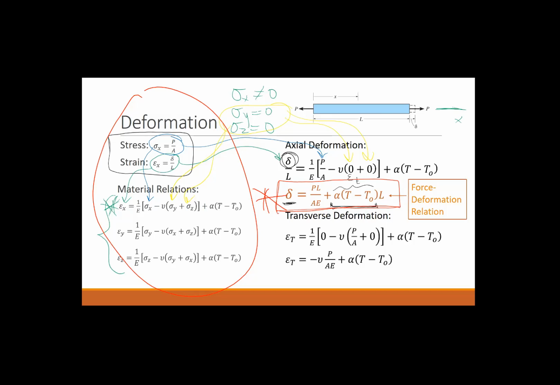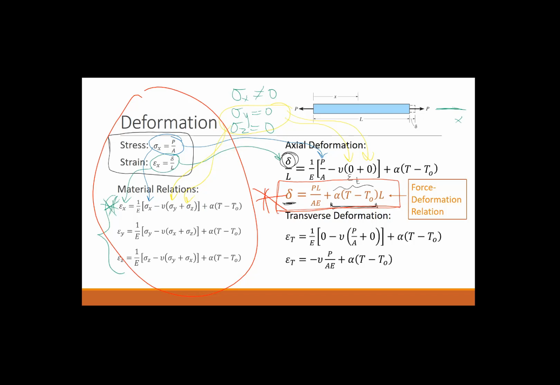And sometimes we refer to it as the force deformation relation. It's really the same as the stress strain. We've just multiplied by length on both sides so that we get deformation. You can do the same thing for the transverse direction.